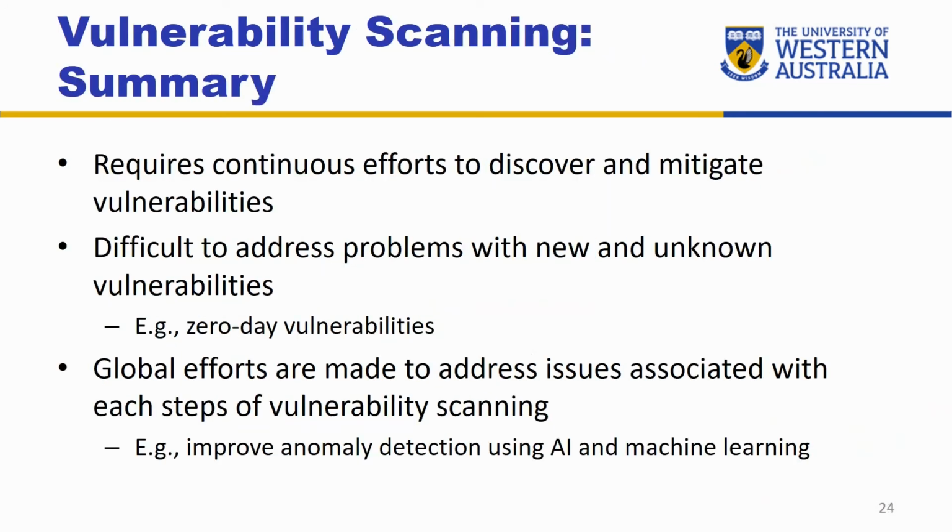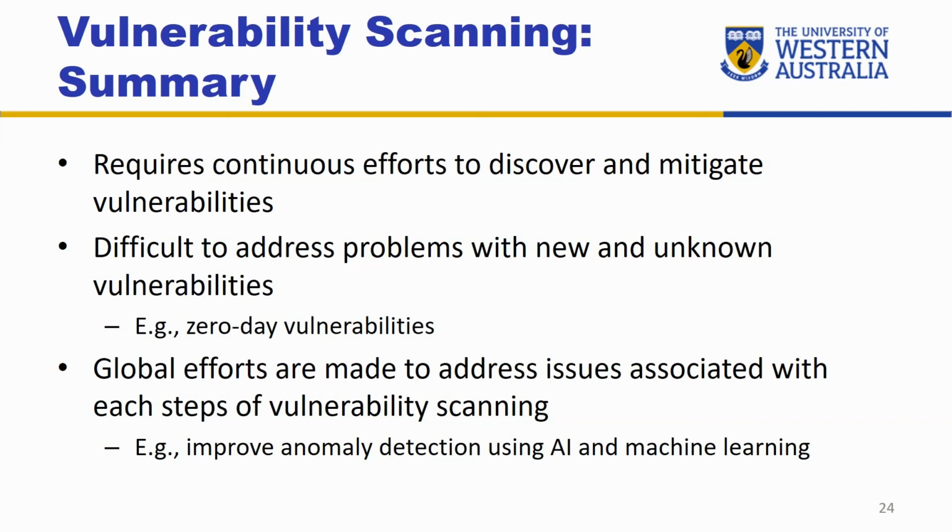Okay. So in summary of vulnerability scanning, it requires a continuous effort to discover and mitigate such vulnerabilities, because the vulnerabilities are changing over time due to changes in attack styles.